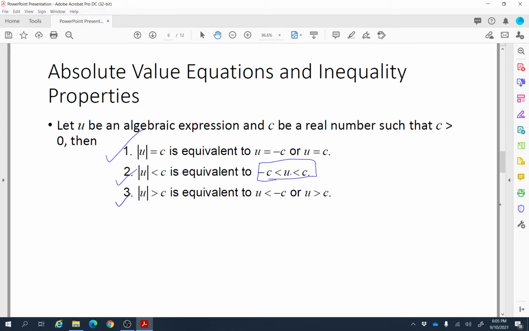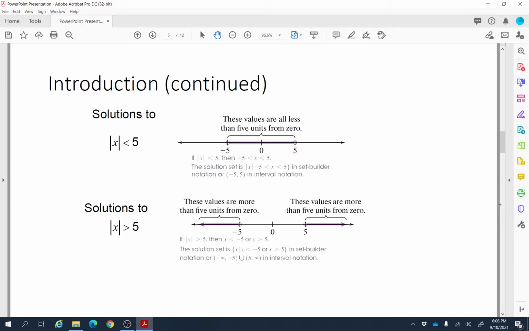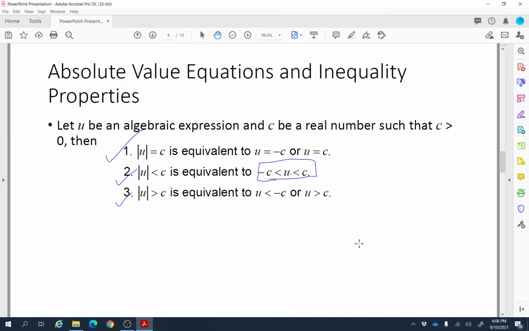Finally, if the absolute value of anything is greater than some constant, that thing itself might be less than negative of that constant or greater than positive of that constant. So think about this: anything less than 5 means anything in between negative 5 and positive 5. The absolute value of x greater than 5 means anything less than negative 5 or anything greater than 5. That's what this summary is for.